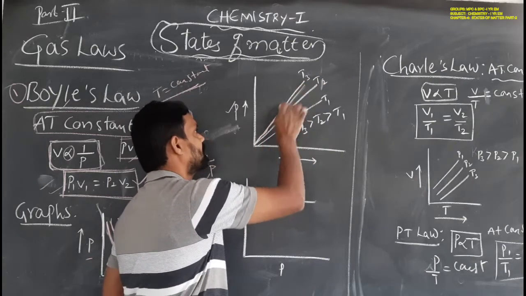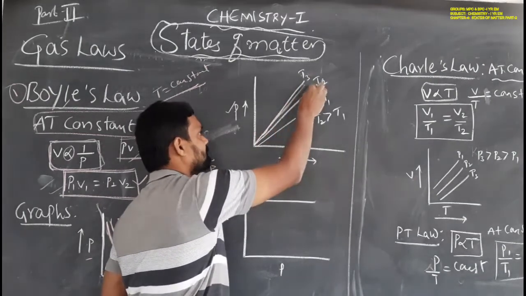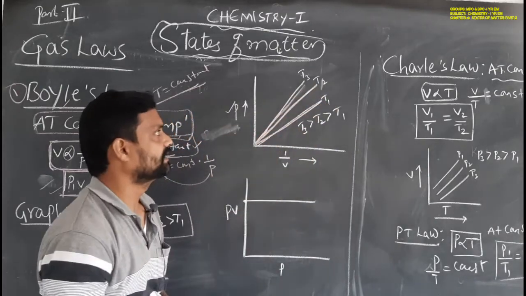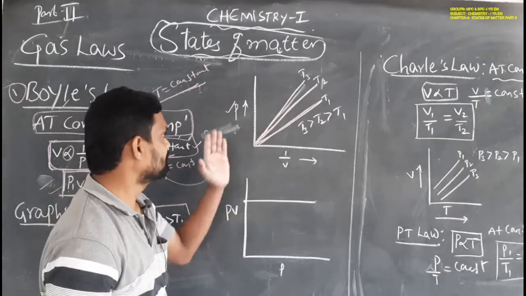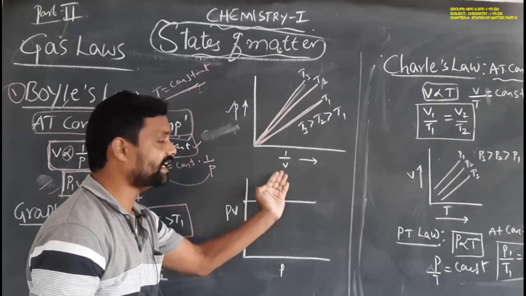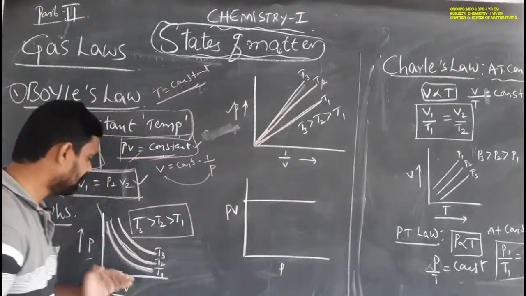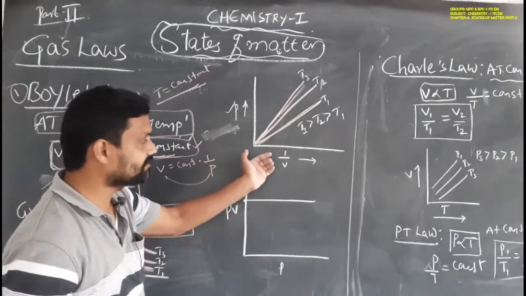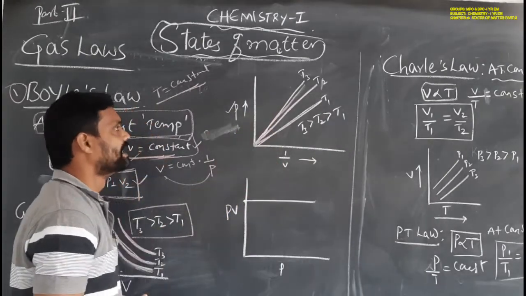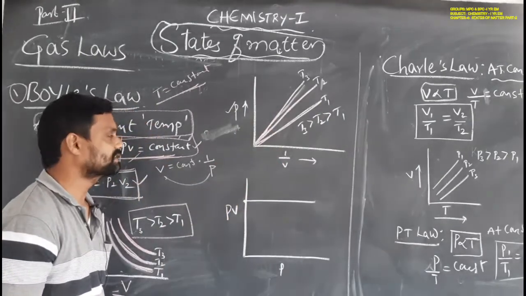For example, this is the T3 temperature and this is the T1 temperature. This graph is between pressure and 1 by V, where this is the volume and this is the inverse of volume, 1 by V. This is the simple graphical representation of Boyle's law.